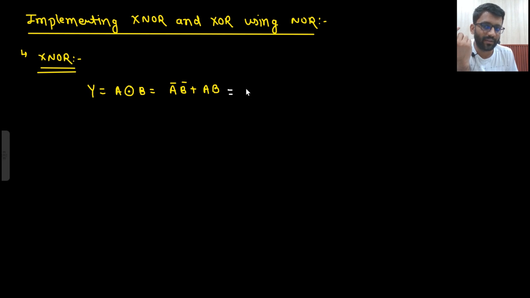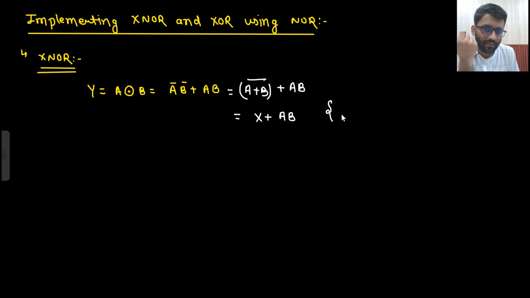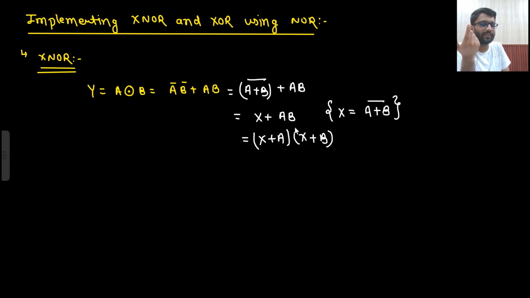A bar B bar plus AB. What can I do? I can replace this as (A plus B) bar plus AB, right? And if I assume A plus B bar as X, so it would be X plus A into X plus B. How did I write X plus A into X plus B?